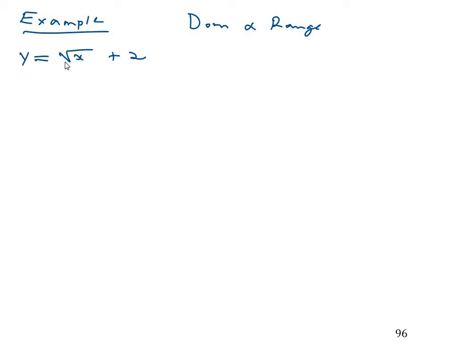So I look at the x coordinates now, and I ask myself, can I substitute any negative x in here? No, because we are working in the real numbers, and for the real numbers we cannot have a square root of a negative number. That we can only do in the complex numbers.